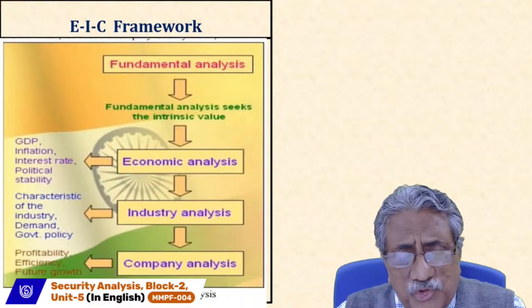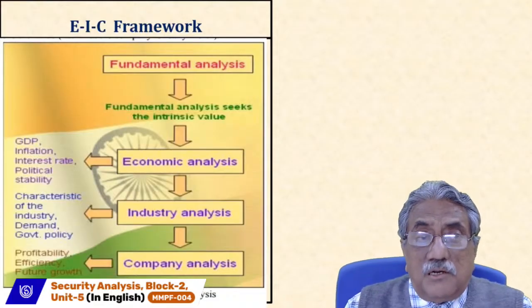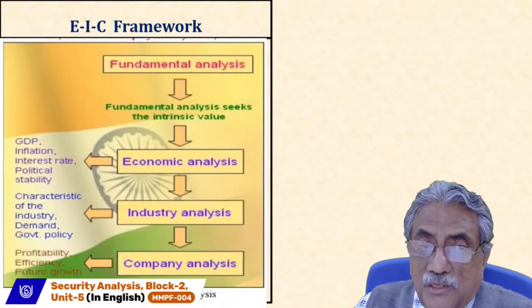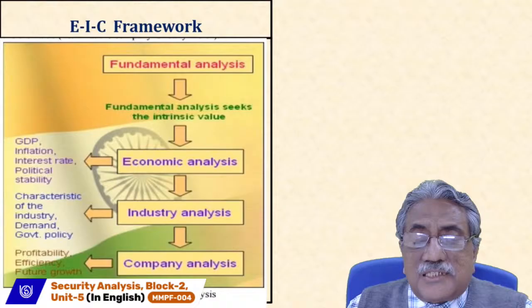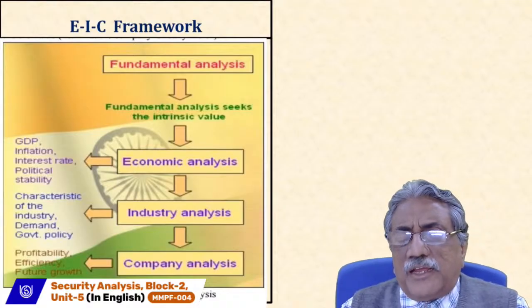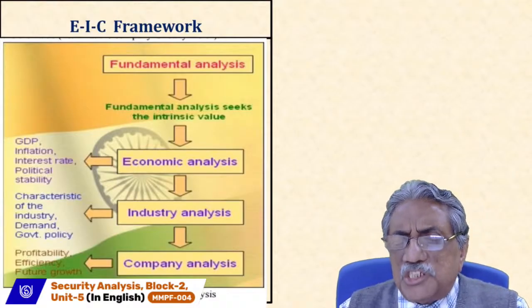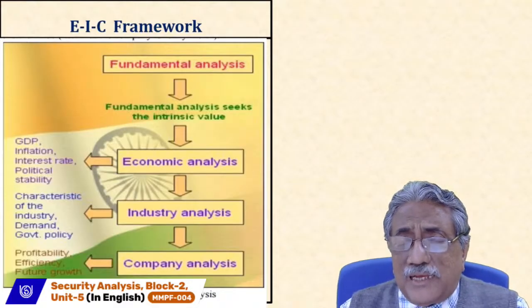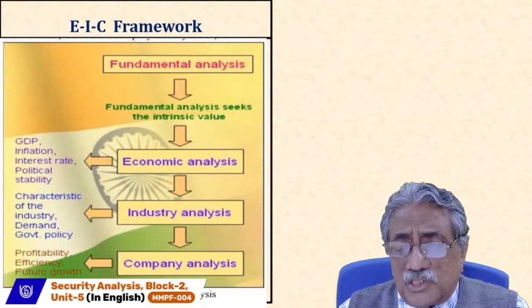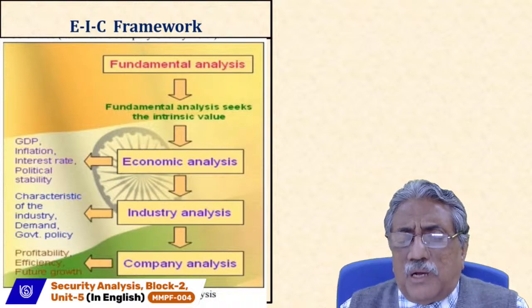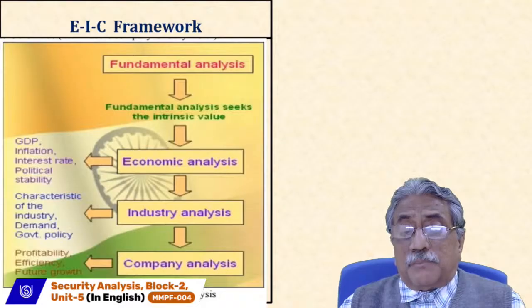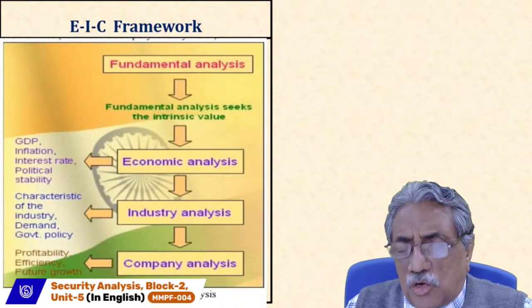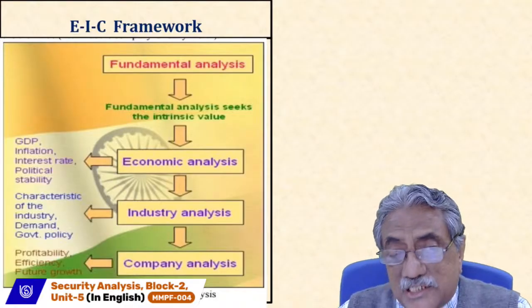So three analyses: E for economic, I for industry, C for company. These are the fundamental analysis, to get intrinsic value. If I get an intrinsic value higher than the present market price, then I can go for this stock, because I know after some time the market will get this information and the price will go up. So this is one way of selecting a stock or analyzing the security.